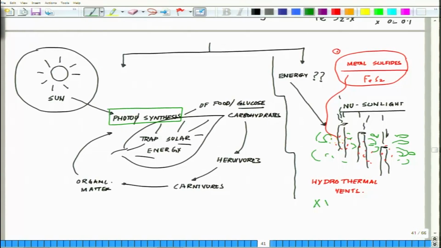So independent of light, there is no light, and the process for these kinds of life forms which evolved there is called chemosynthesis, where the energy for the life form to survive is derived from some kind of chemical, some kind of breaking of the chemical.